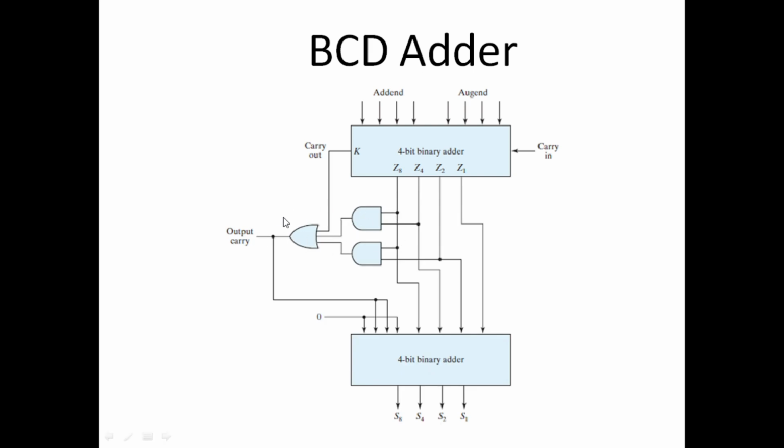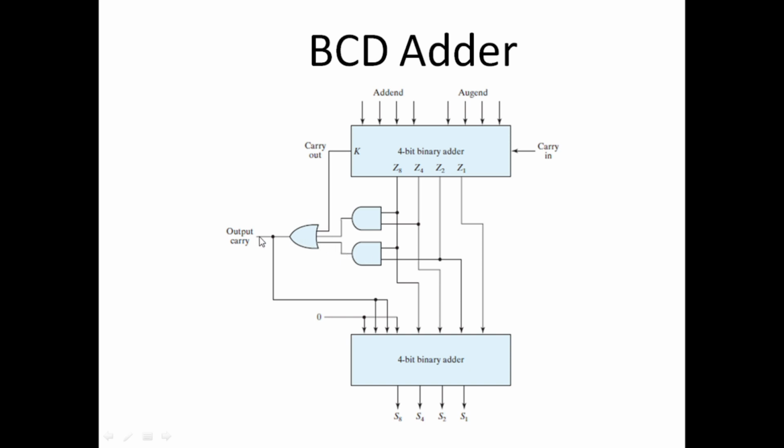The Boolean function C is equal to K, which is the output carry of the 4-bit binary adder, or Z8 and Z4, or Z8 and Z2.